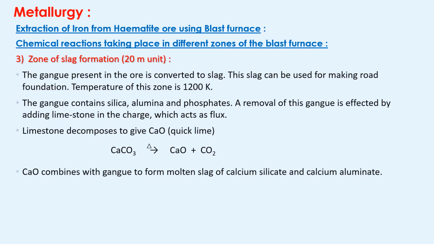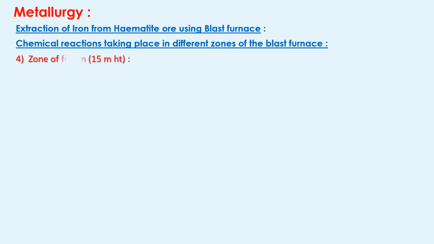You have silica, alumina and phosphate as the gangue present in the ore. The silica, that is SiO2, reacts with calcium oxide, that is quicklime, to give calcium silicate, and alumina reacts with calcium oxide to give calcium aluminate.